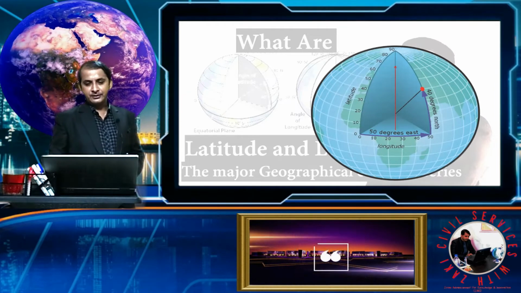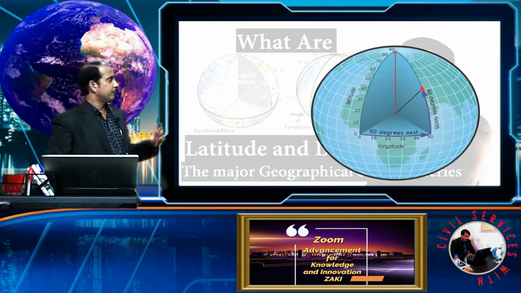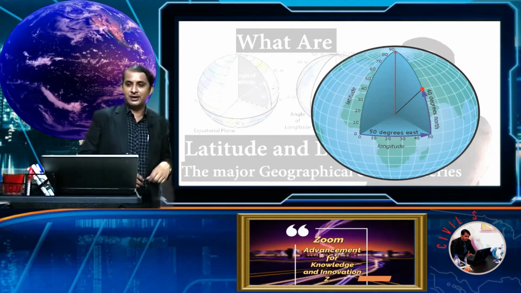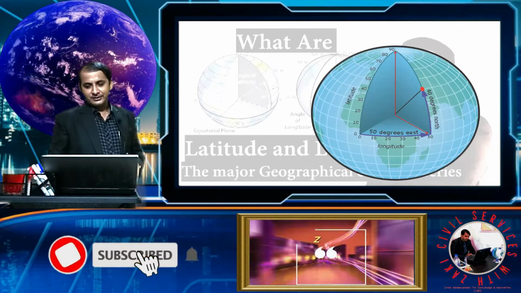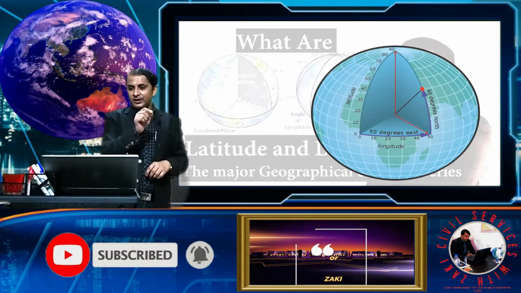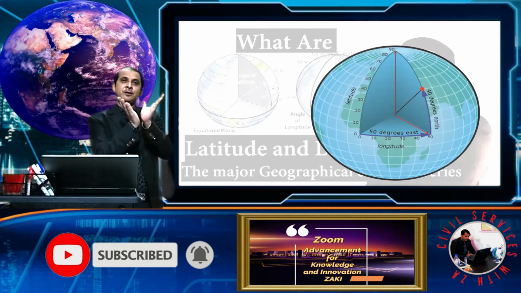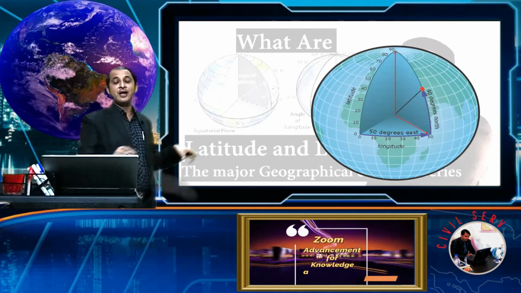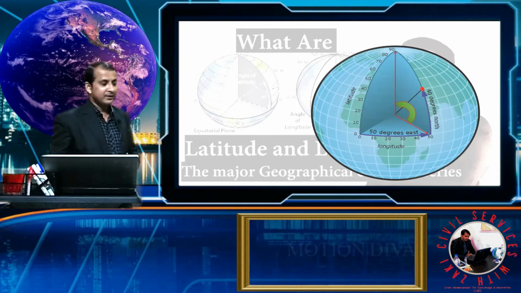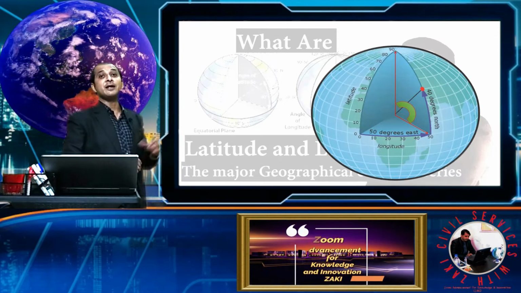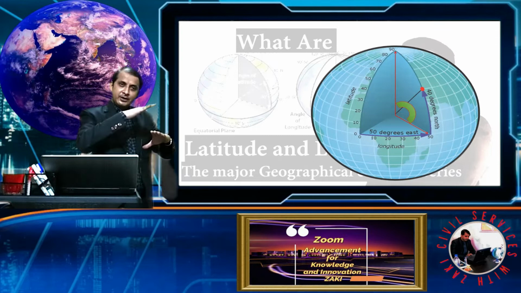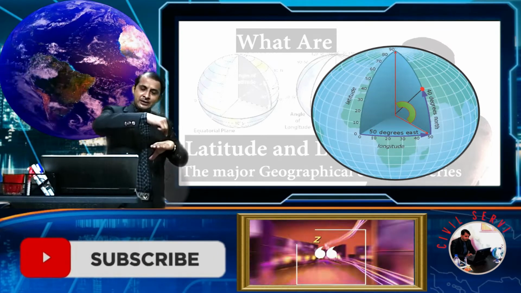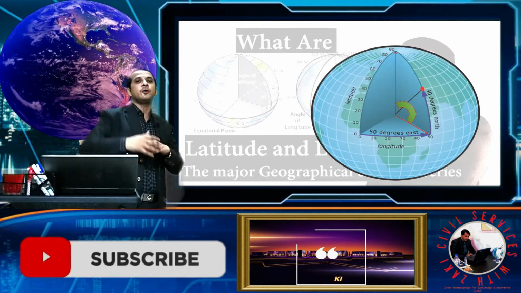See here, this is our spherical earth, slightly bulging at the equator. If we draw a line from the center of the earth, we can describe a certain angle, and this angle is called the angle of latitude. It is measured from the center of the earth, from the base toward the top of the earth.